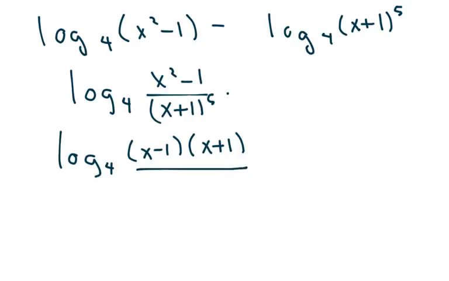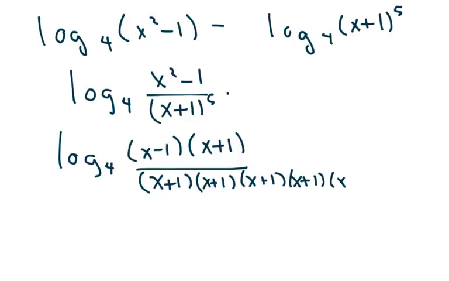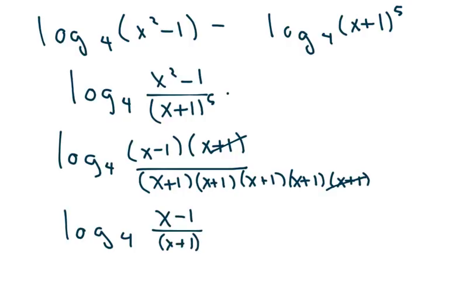And then we have 5 of these, so if you wrote them all out, 1, 2, 3, 4, 5. You'll notice one of these cancels, so we get log base 4 of x minus 1 over x plus 1 to the 4th. And that's all. And this was 55.